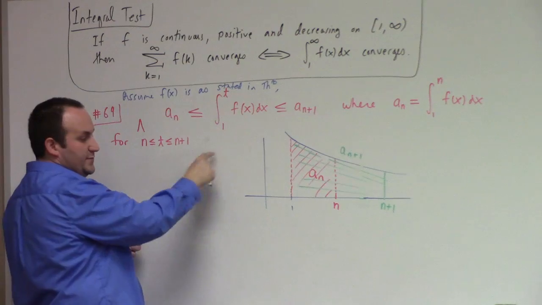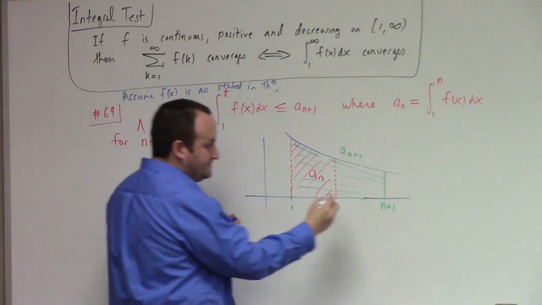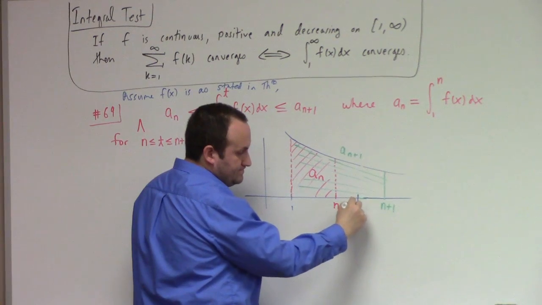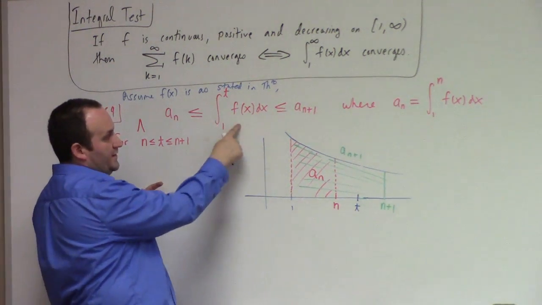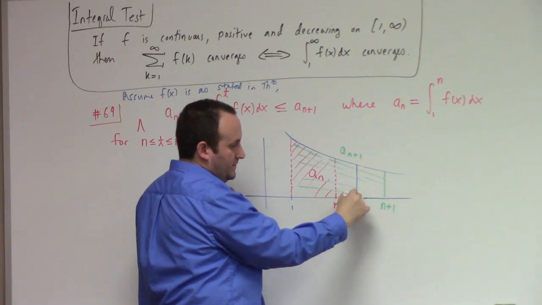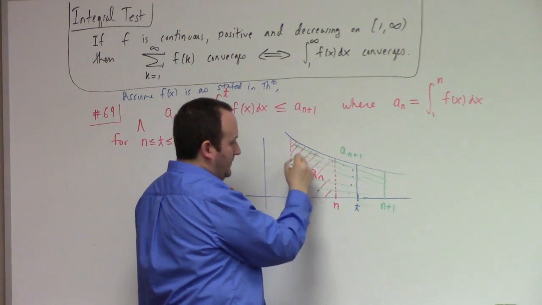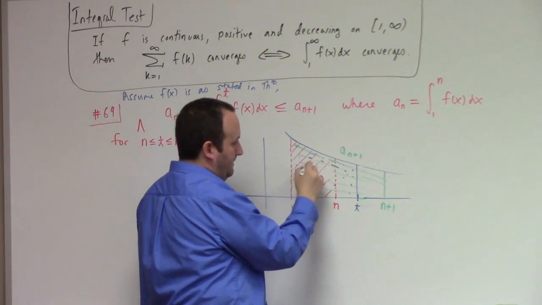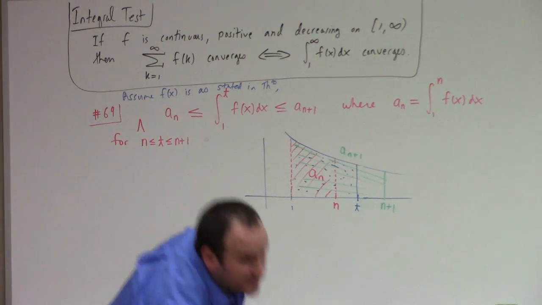If t is between n and n plus 1, t is in here somewhere, so this area is that area. It's pretty easy to see why that inequality should be true.